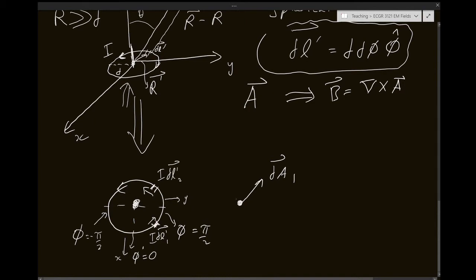This will give me an infinitesimal component of dA at that point in this direction. Every element on the loop is going to have its mirror element. Notice those two elements: the horizontal components always cancel out, and the vertical components add up. So essentially the field will always be in this direction.